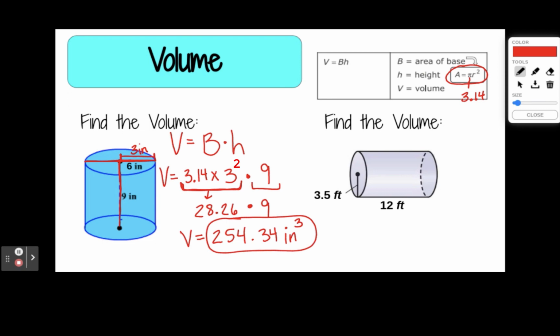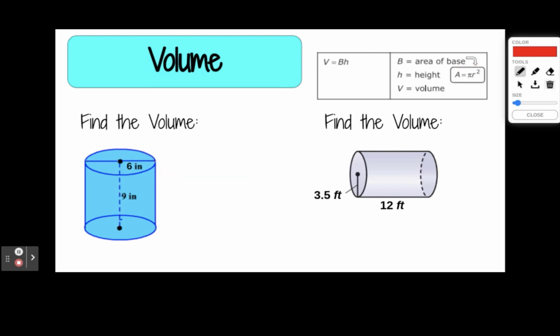Well, let's try this again and see if we can do it with the second cylinder. So I'm going to start off, so we're going to do this one, find the volume of this cylinder. I'm going to start off by writing volume equals area of the big base times the height. So let's look at the area of the big base, which is a circle. We'll multiply that by the height.